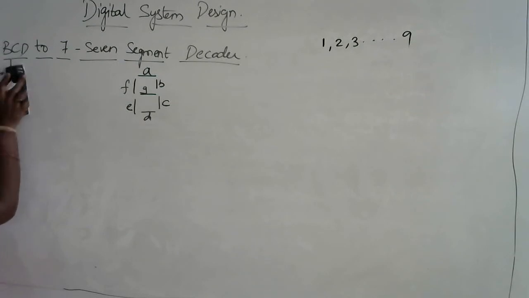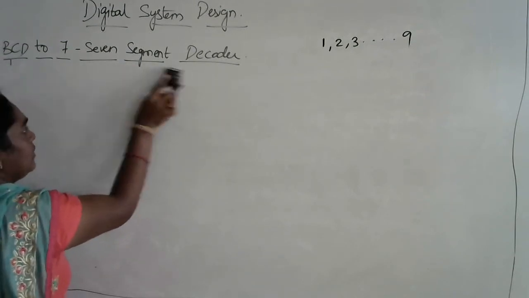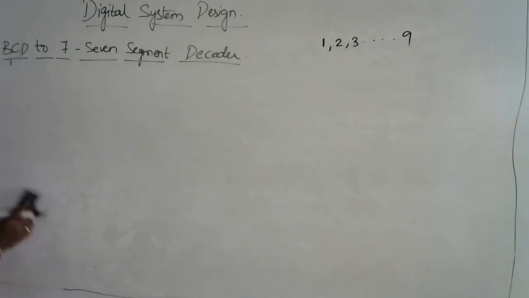First I write the numbers: this is 0, 1, 2, 3, 4, 5, 6, 7, 8 and 9. These are the inputs for the BCD. We need to write down the corresponding values in terms of 7 segment display.